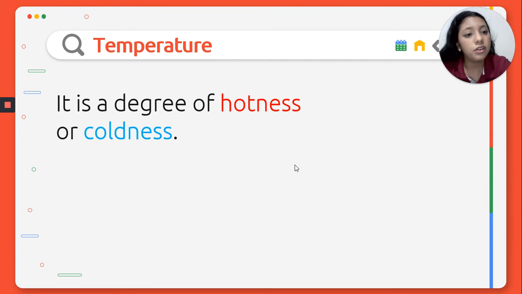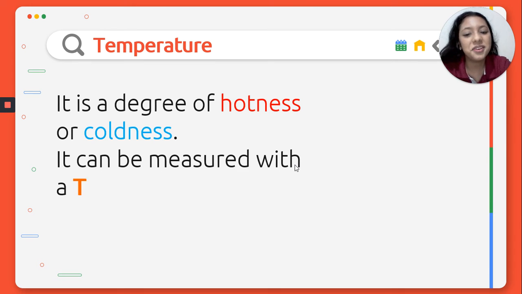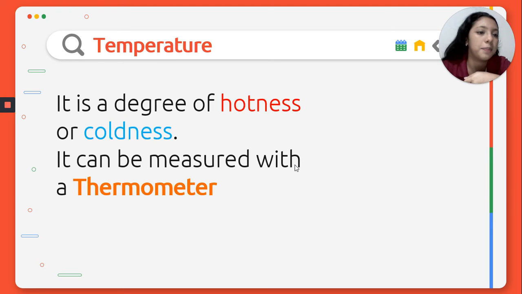When we spike a fever, dad or mom takes the thermometer, because it can be measured with a thermometer. So they pull up the thermometer and stick it in, so that way they can see if we have a fever or if we don't. So temperature is the degree of hotness or coldness in something.